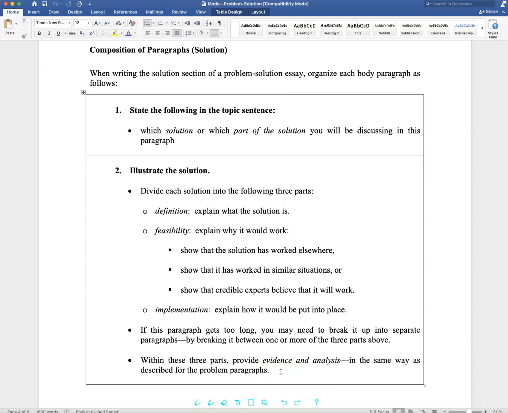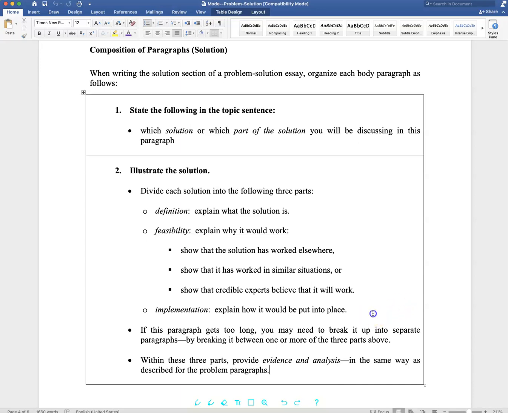Of course, all the same things apply in terms of evidence and analysis as they did for a problem paragraph. So that means you need at least two pieces of evidence, right, in each paragraph, and probably more than that, given that you have to cover all these sections. Your evidence should be in the form of quotes from experts, statistics, and very specific examples.